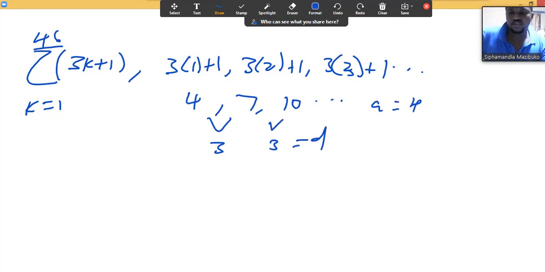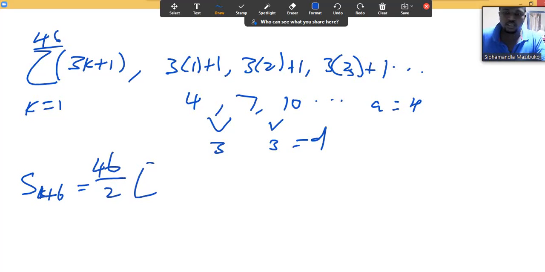Now let's look at the summation for 46 terms, because we're looking at 46. So we're saying 46 over 2, that is our general formula. Let me write it easily, not so fast.